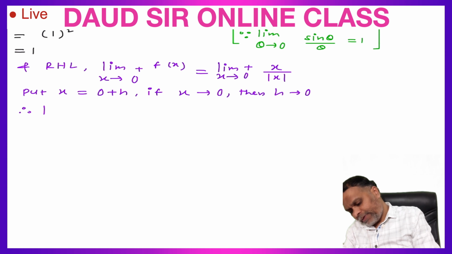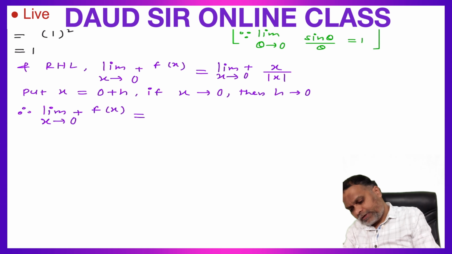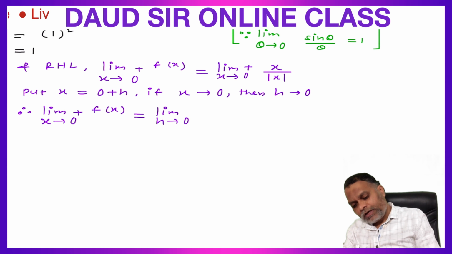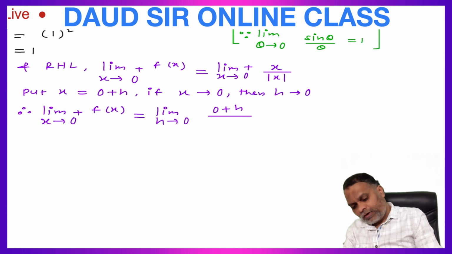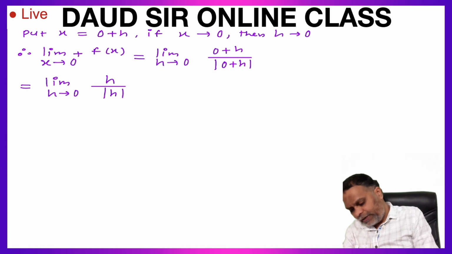Therefore, the right hand limit will become limit x tends to 0 plus f of x is equal to limit h tends to 0, x is equal to 0 plus h, upon modulus of 0 plus h, which is equal to limit h tends to 0, 0 plus h upon mod of h, and mod of h we can write h only.